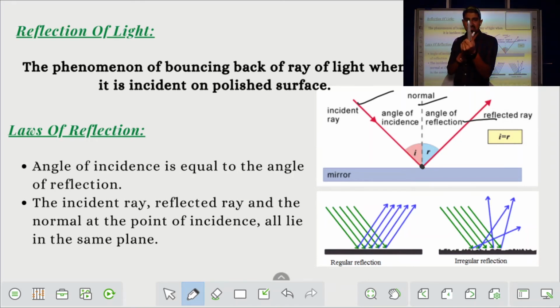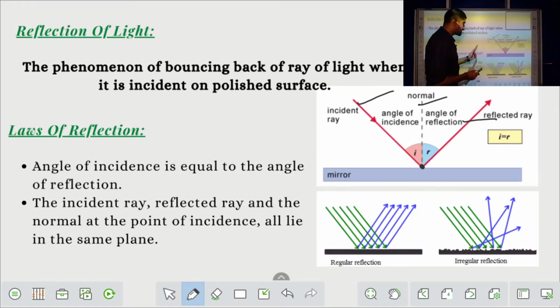When I see it like this, it is all in the same plane, like it is straight. It's not like this line is like this, or the reflected ray is somewhere here. It's not like that. Everything is in a straight line, in the same plane. So that is what the second law says.